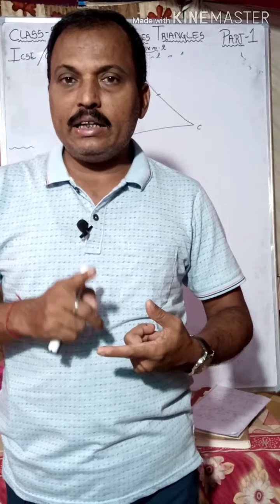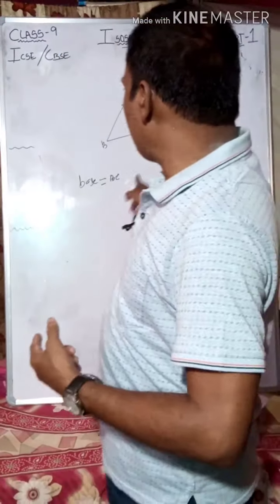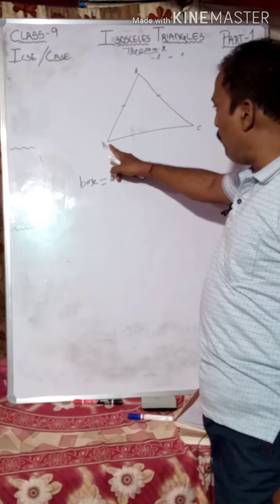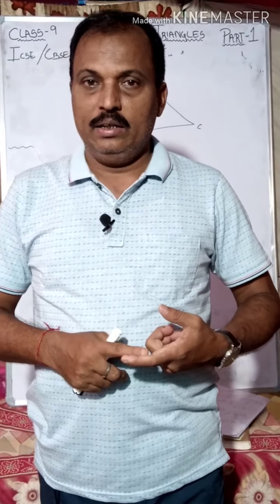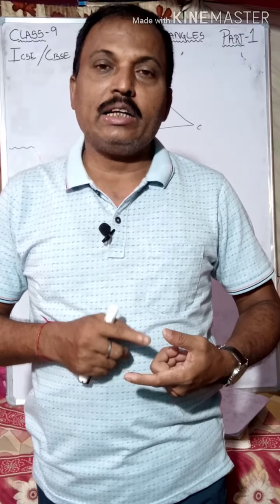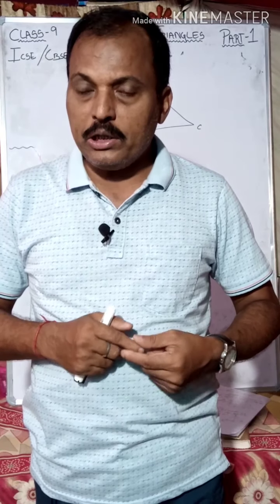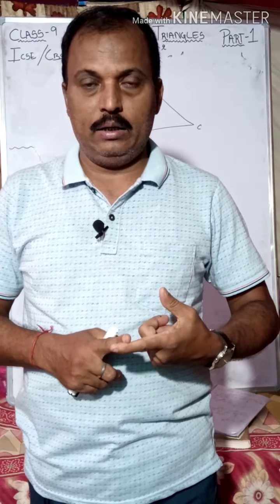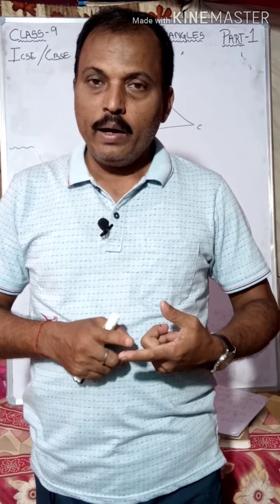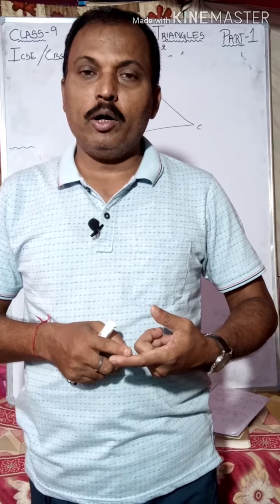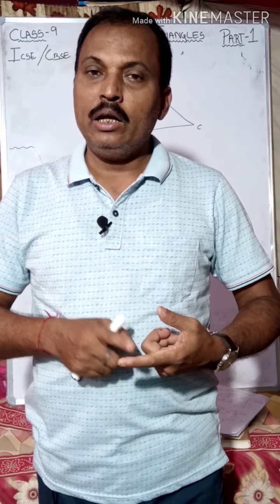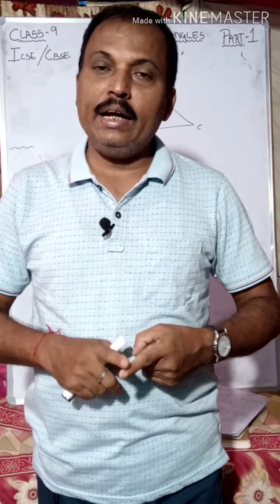A triangle has 3 bases, but in an isosceles triangle, BC, the unequal side, is generally treated as the base. It is very, very important for your construction and other proof deductions. In an isosceles triangle, the third side is generally treated as the base.